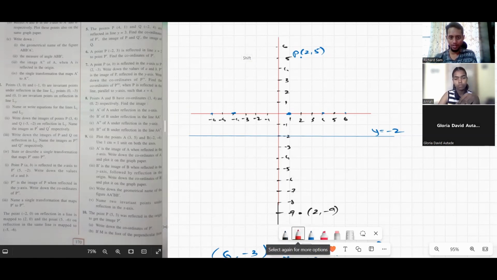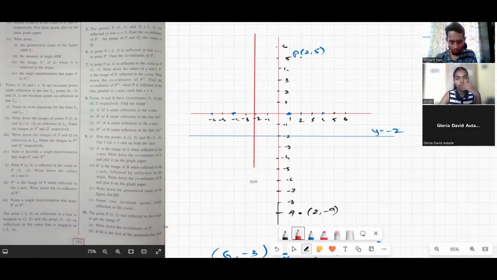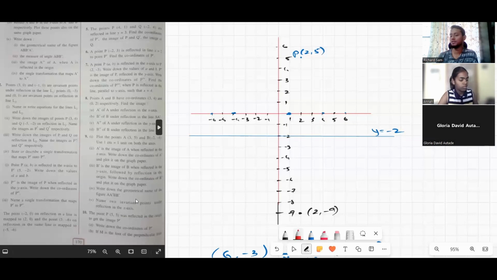Okay. So I'll give you a line over here now. Oh, wait, I won't draw the line actually. I will tell you the name of the line, and you have to tell me where the line should be drawn and tell me its reflection. So the line is called x is equal to -1.